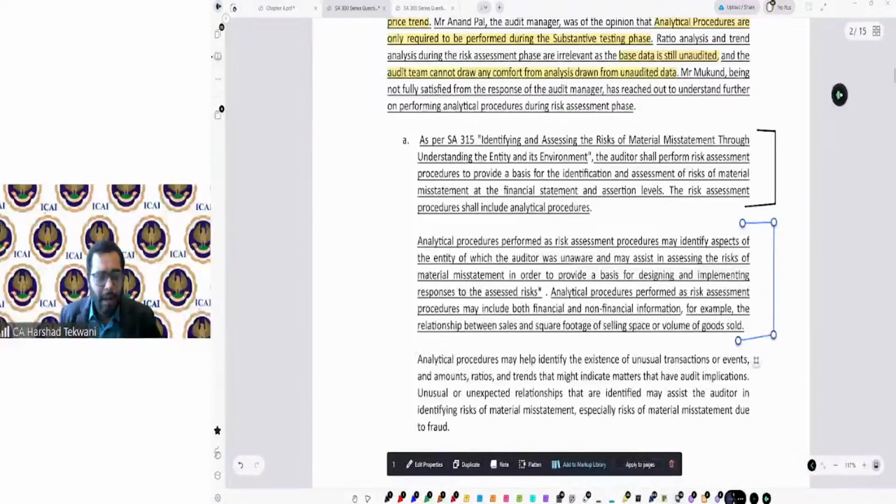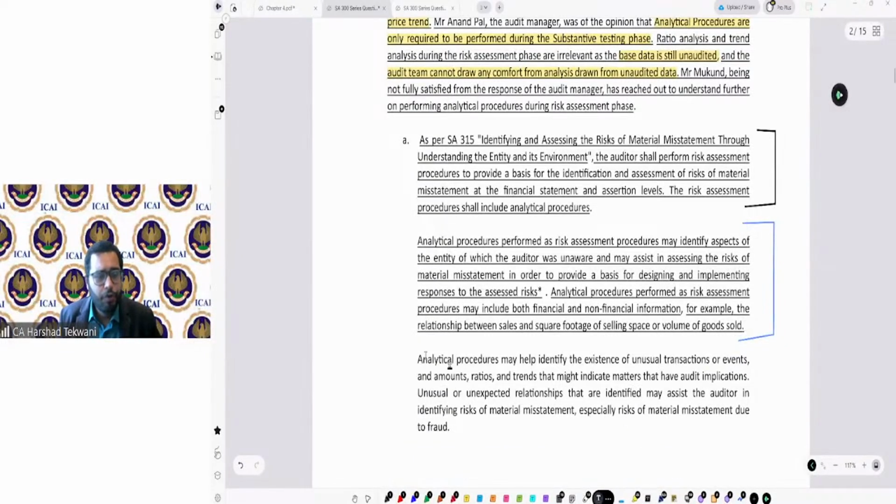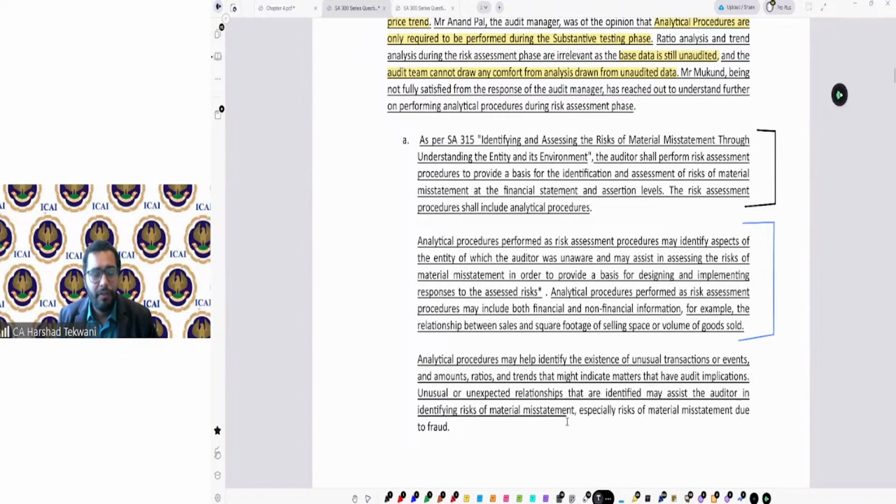Then again, this is the explanation part over here: analytical procedures may help in identifying the existence of unusual transactions or events, and the amounts, ratios, and trends that might indicate matters that have audit implications. Unusual and unexpected relationships that are identified may assist the auditor in identifying risks of material misstatement, especially risks of material misstatement due to fraud.